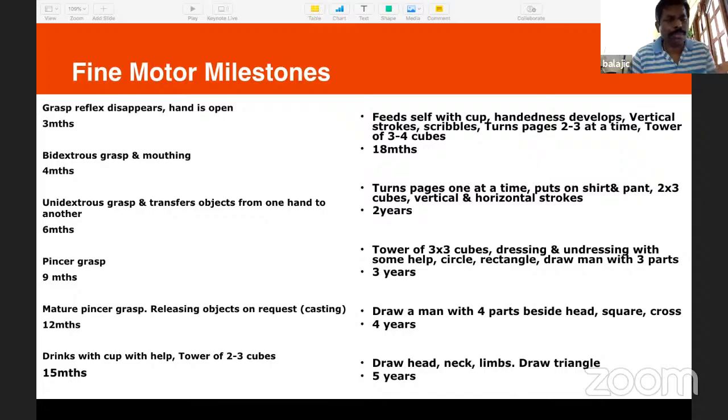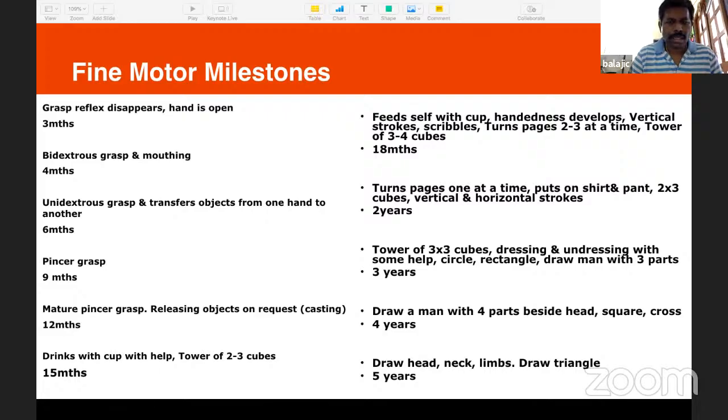So the most important summary: hands will be open by 3 months. Then the bidextrous grasp by 4 months. And then the unidextrous grasp, where with one hand they hold the object and start transferring it from one hand to the other, at 6 months. The most important milestone is pincer grasp at 9 months.